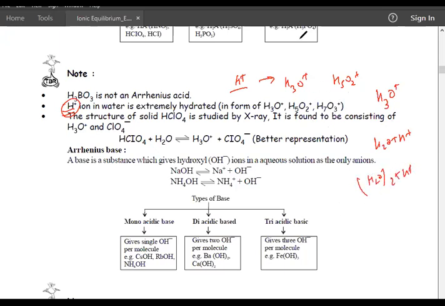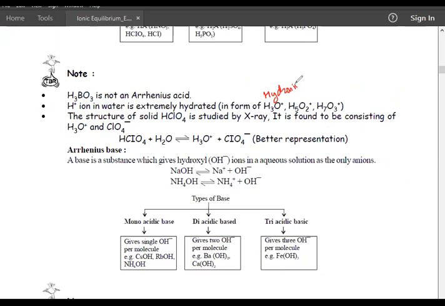As simple as that. Then what is the hydronium ion? You can either write it like this or as H plus, it doesn't matter. H3O plus means H plus only.